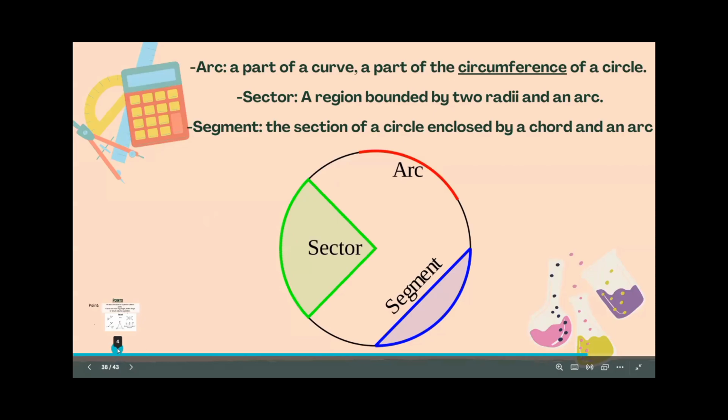Sector, a region bounded by two radii and an arc. Segment, the section of a circle enclosed by a chord and an arc. Here is an example.